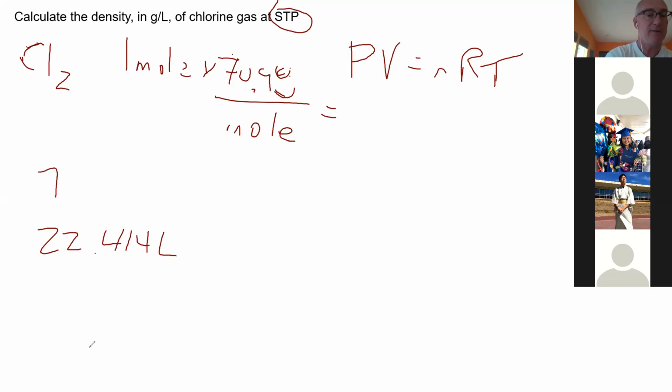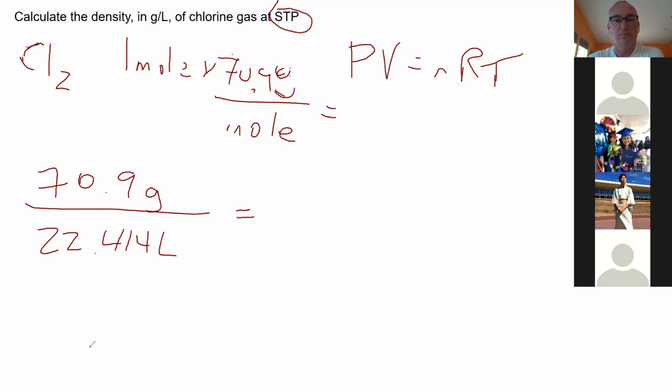So if we have 70.9 grams in a volume of 22.414 liters, what's my density? Grams per liter. There you go.